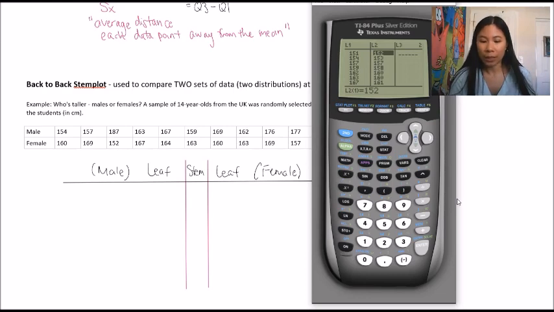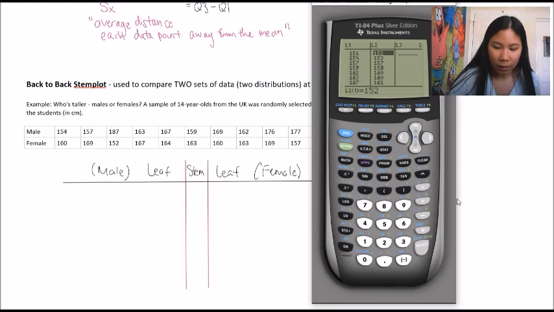Okay, so here, when we make our back-to-back stem plot, we need to make sure that our stems match for both sets of data. So looking at both sets of data, the first couple numbers are 1 and 5. Because I can only use the last digit as my leaf, my stems will have to start at 15.